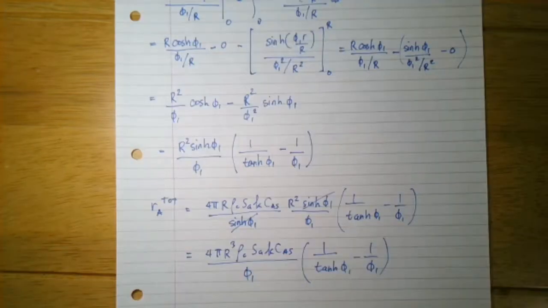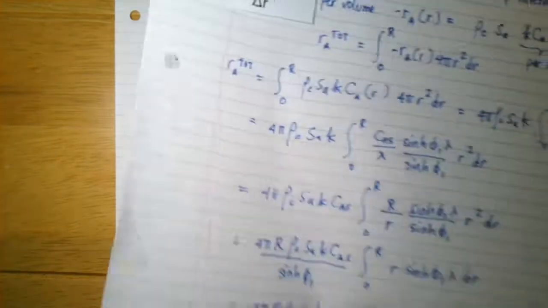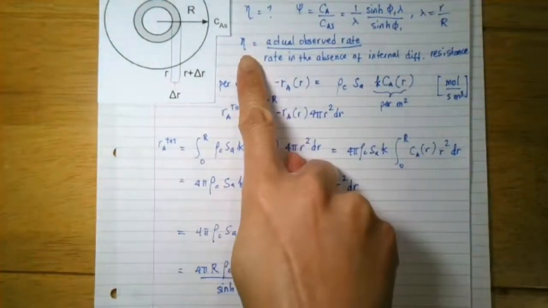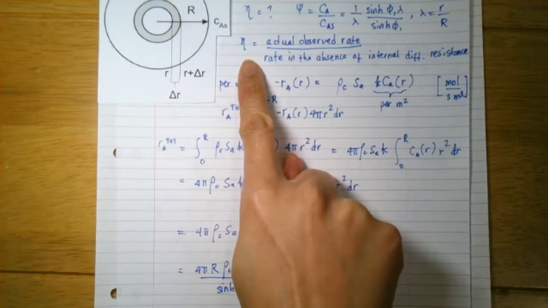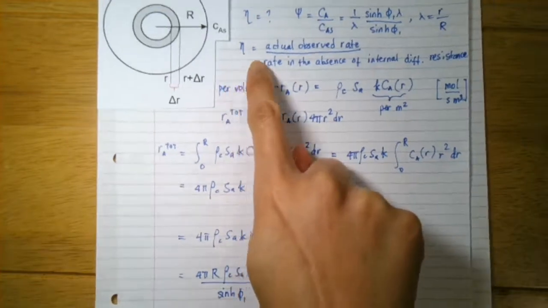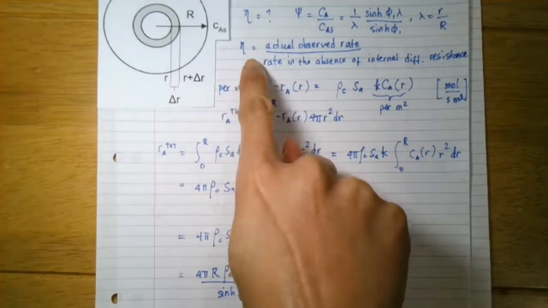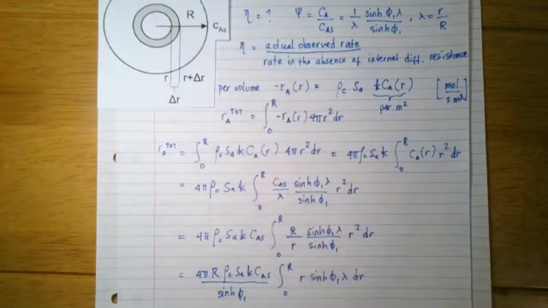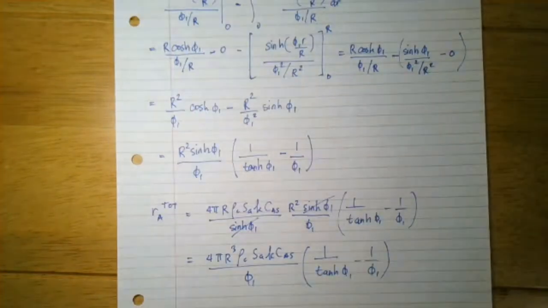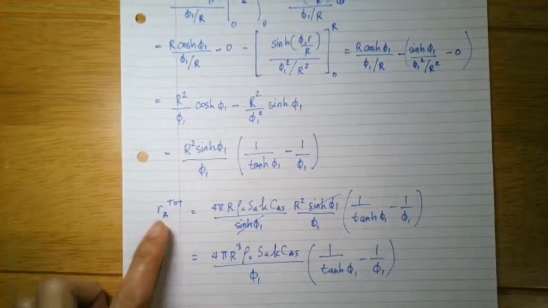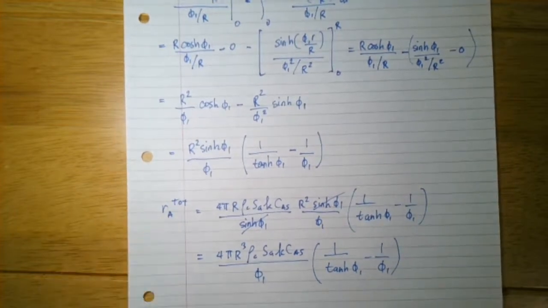So now that we have an expression for the total rate, we can derive our effectiveness factor. But you will see later that it is convenient to do this if our rate expression is in terms of per surface area basis. Okay? Can you remember the units of the total rate?